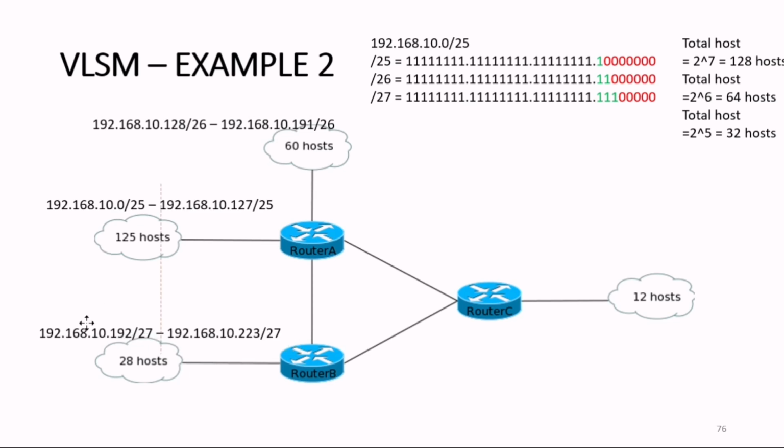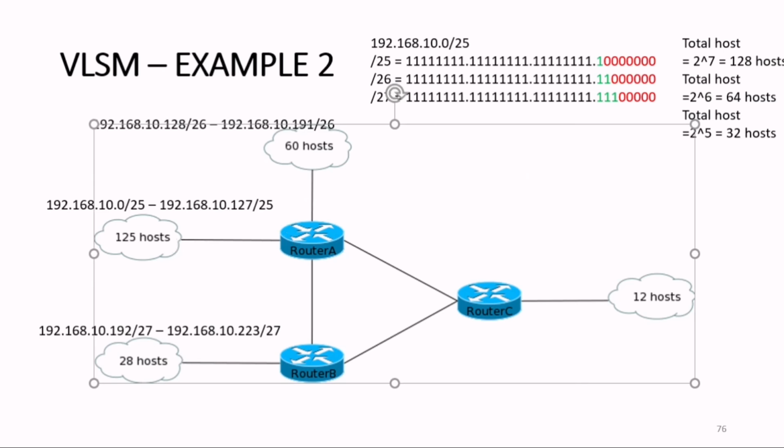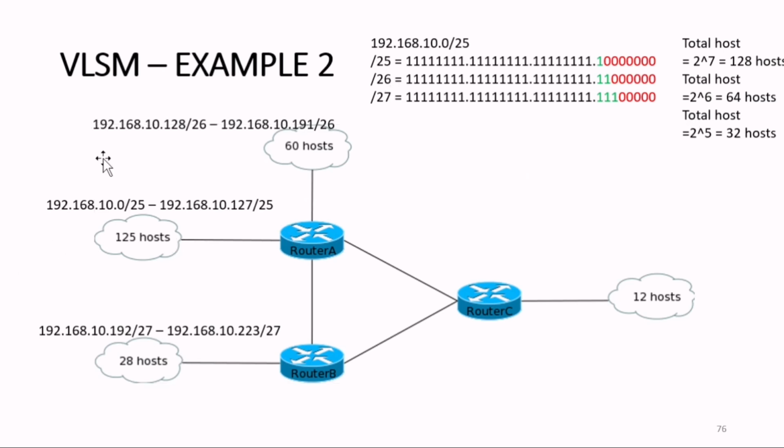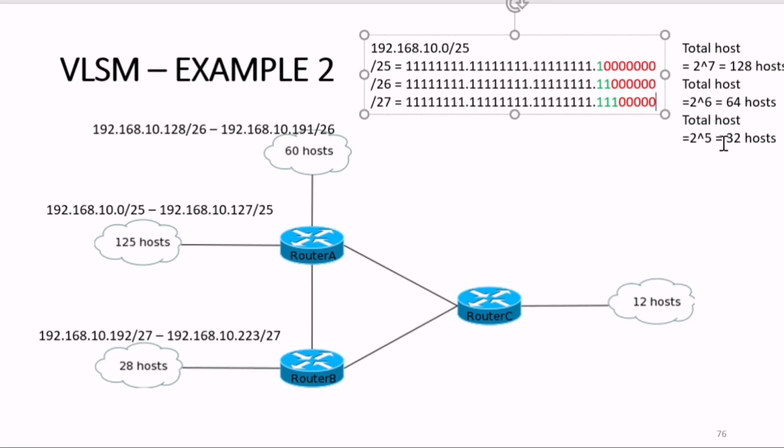So if you look at this, we already see that all these networks use different subnets. So that's why we call it variable length subnet mask. And the last local network here is 12. So we can use slash 28.